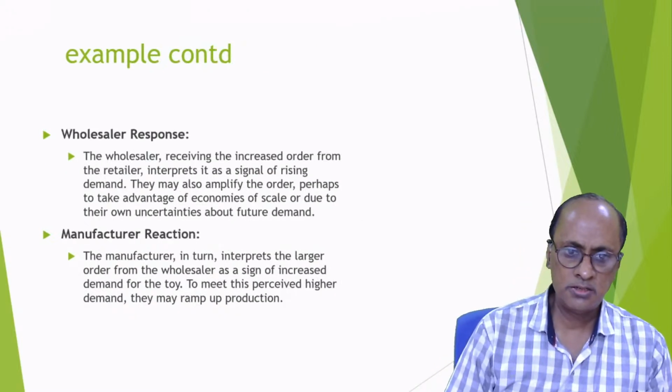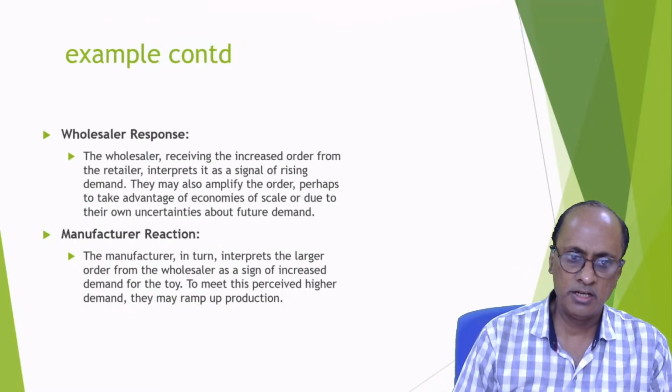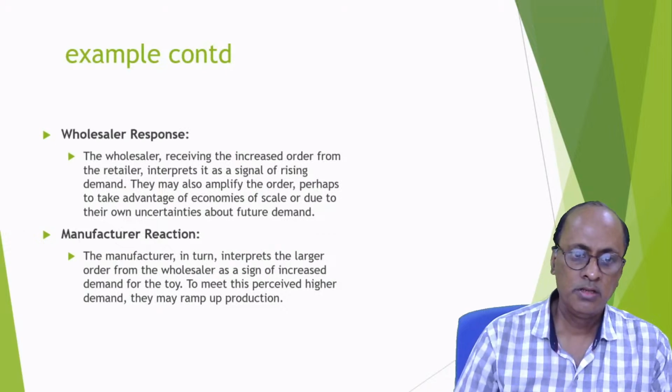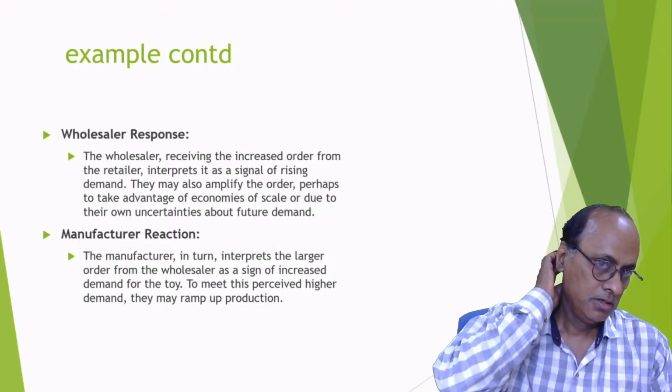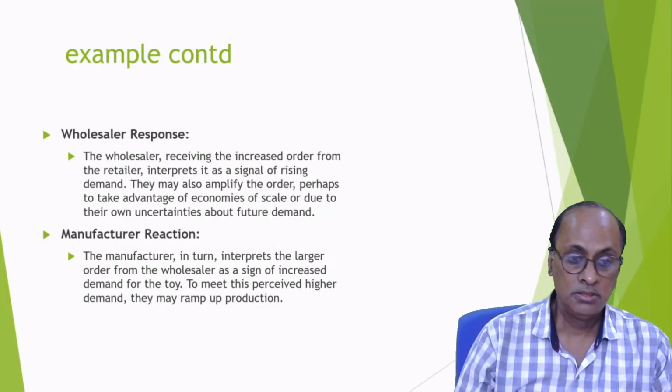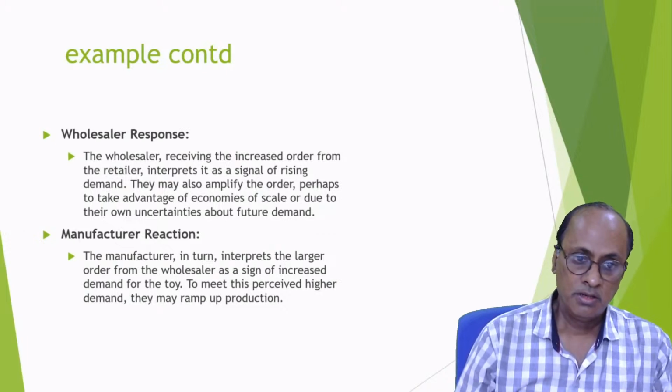The wholesaler, receiving the increased order from the retailers, interprets it as a signal of rising demand. Here is the mistake. They may also amplify the order, perhaps to take advantage of economies of scale or due to their own uncertainty of future demand. The wholesaler, now getting a higher order from the retailers, is encouraged and interprets it as a signal of rising demand.